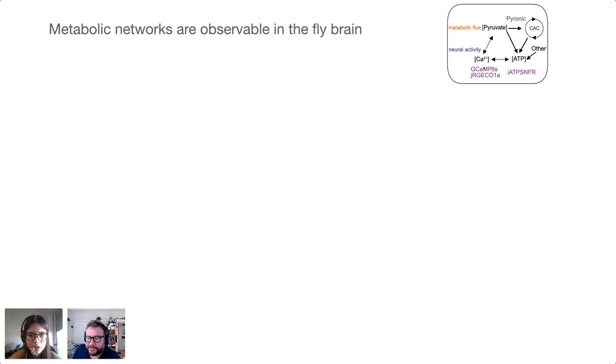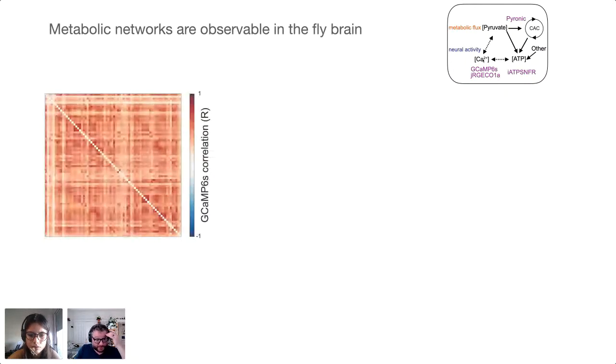We're interested in looking at how these interact with neural activity. So we have the Pyronic sensor here to measure pyruvate concentrations, we have the iATPSnFR to measure ATP concentration, and then we're going to use GCaMP and jRGECO, like I mentioned earlier, to measure calcium as our proxy for neural activity, again using our whole brain network style analysis.